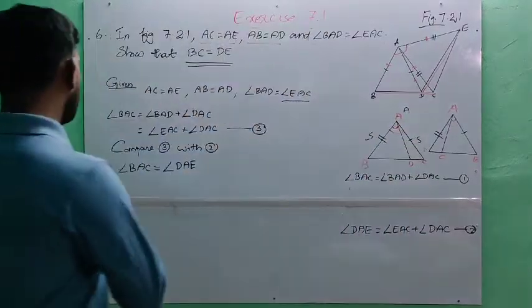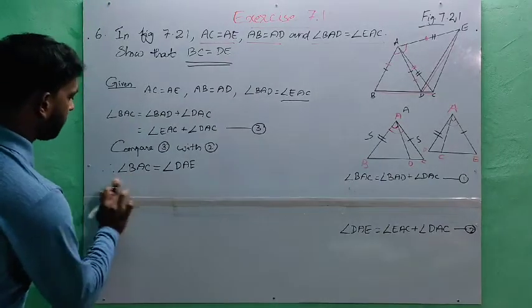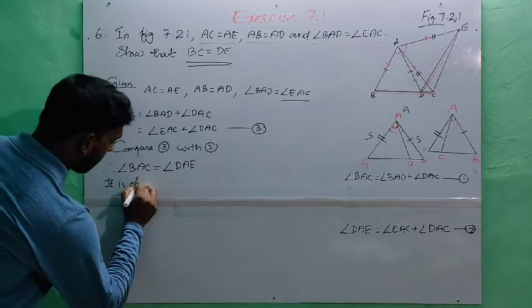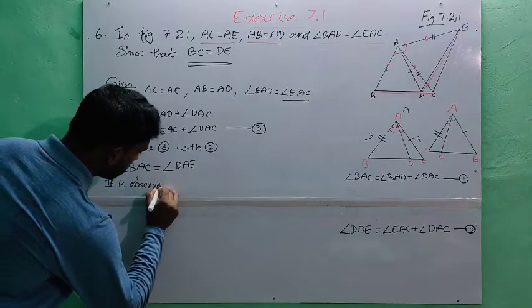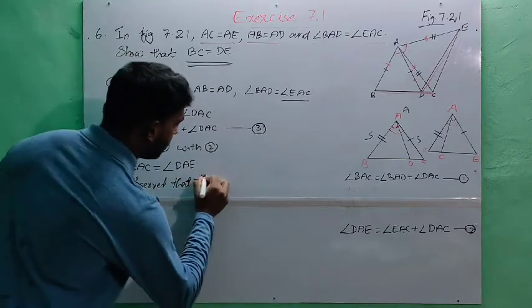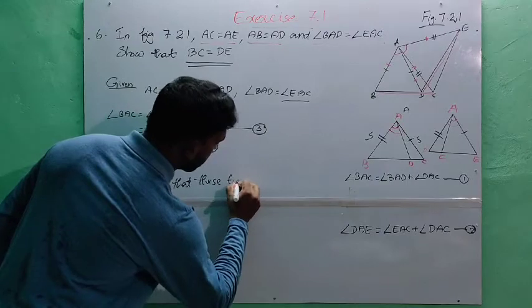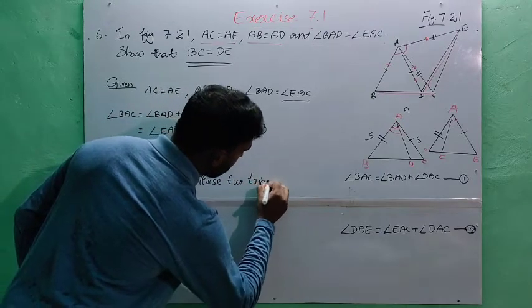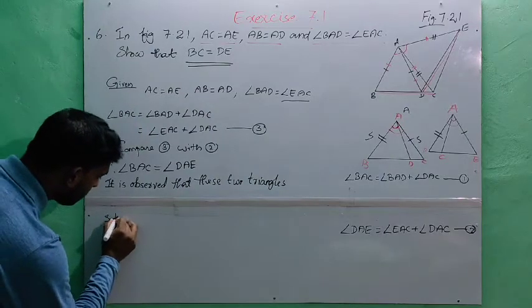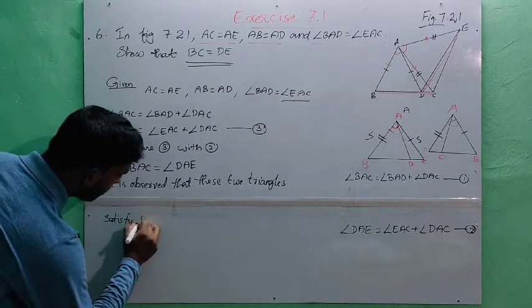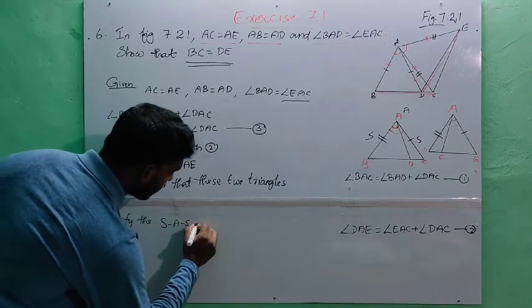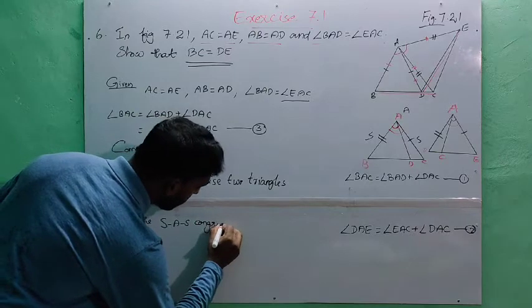So therefore it is observed that these two triangles satisfy the SAS congruence rule.